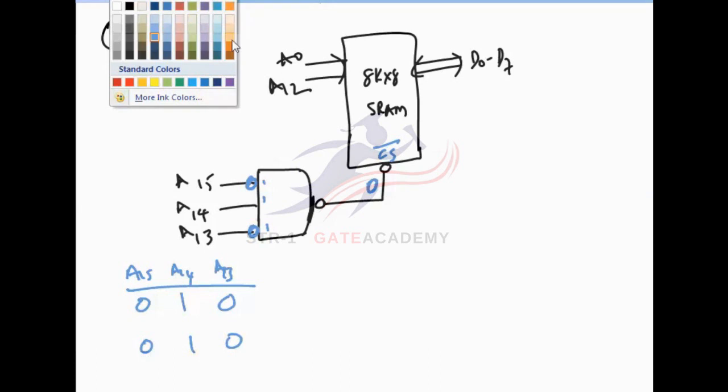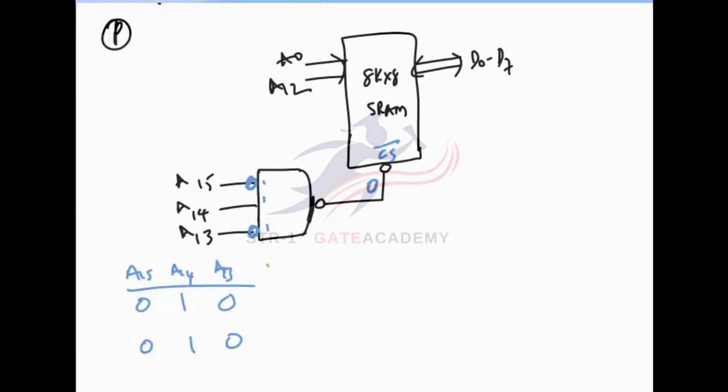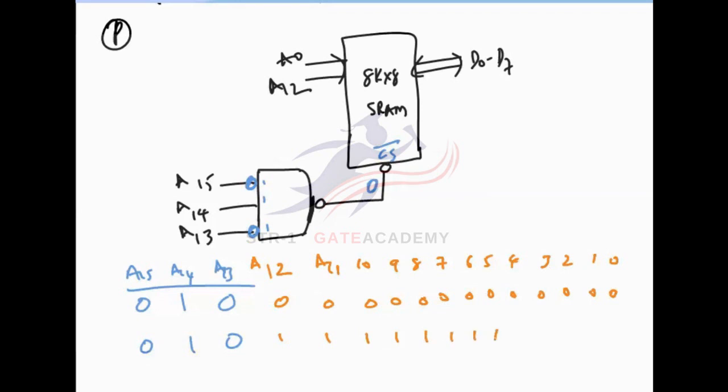And the remaining address lines, how many? A12, A11, A10, 9, 8, 7, 6, 5, 4, 3, 2, 1, 0. These are used to find the starting address. The starting address is always 0, written with 0, 0, 0, 0. The ending address is written with the 1, 1, 1, 1 combination.